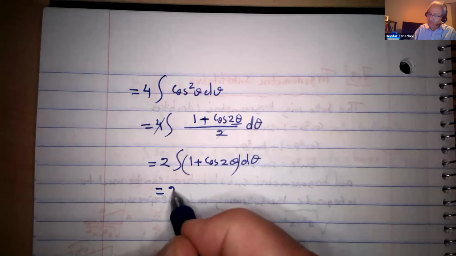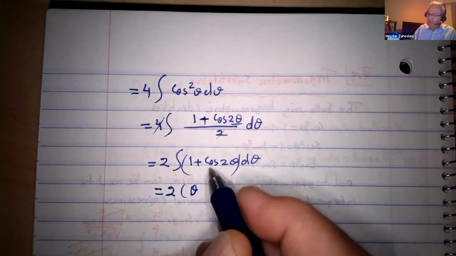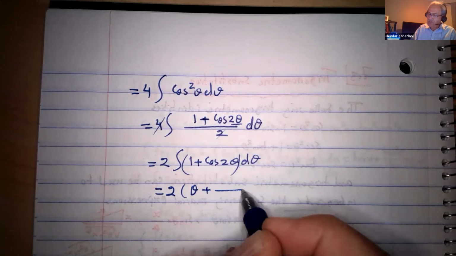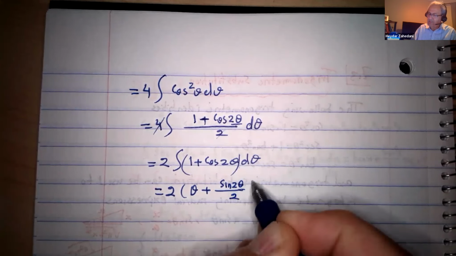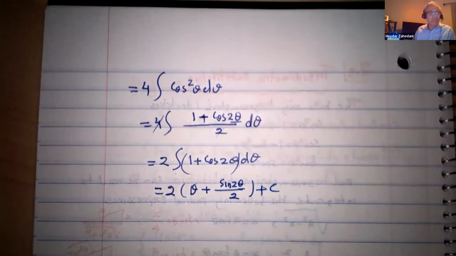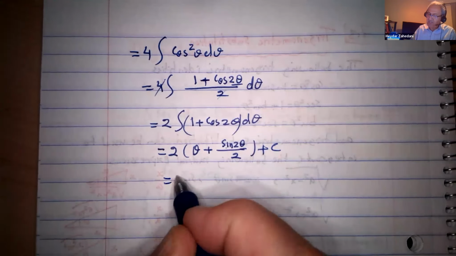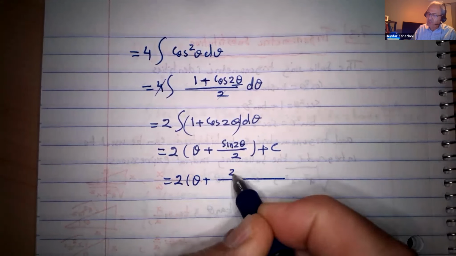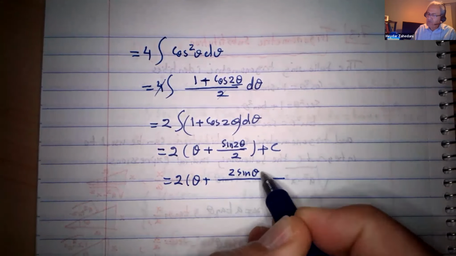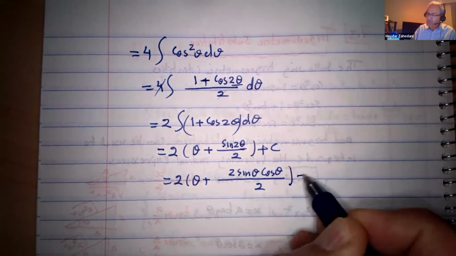So that's going to be 2 times the integral of 1 is theta. Integral of a cosine is going to be sine. So it's going to be sine of 2 theta divided by 2, plus the constant c. You have to simplify this one. Sine of 2 theta is always 2 sine theta cosine theta from the trig identities, over 2 plus c.